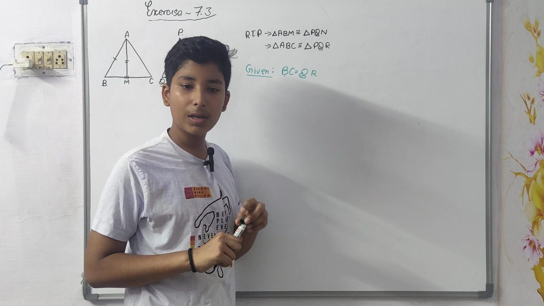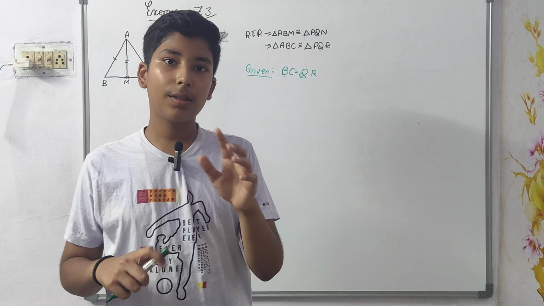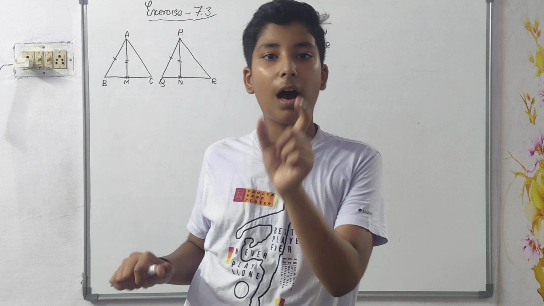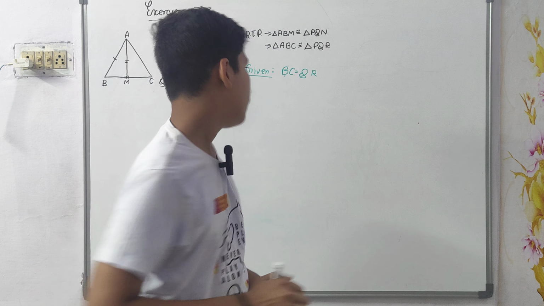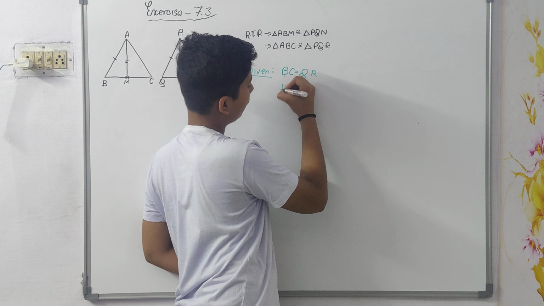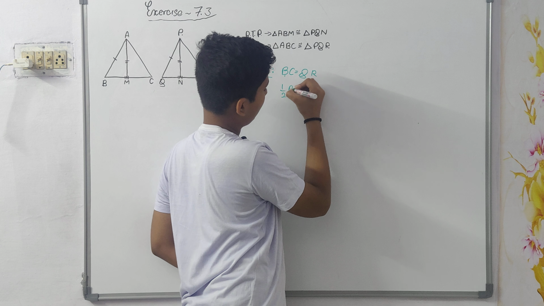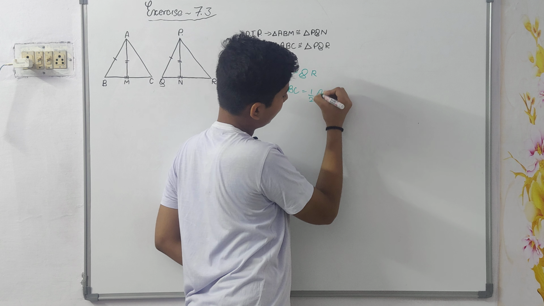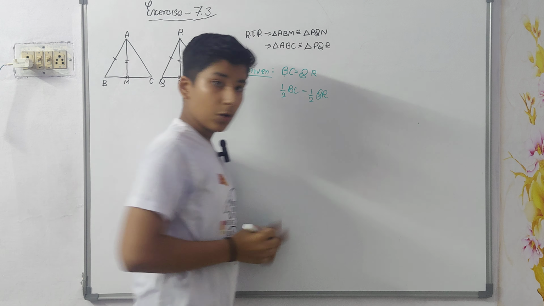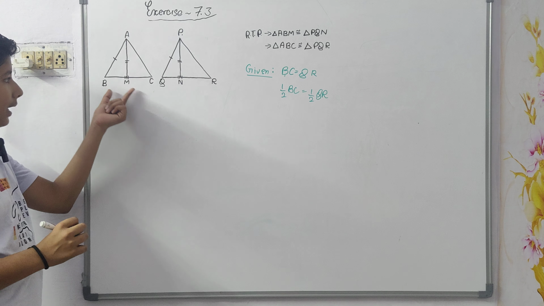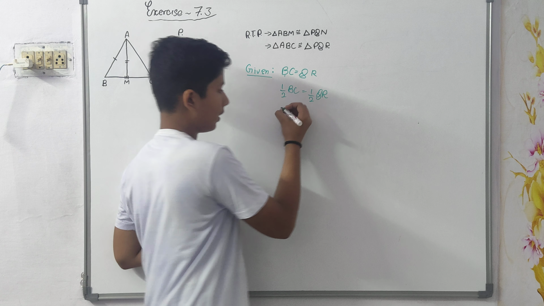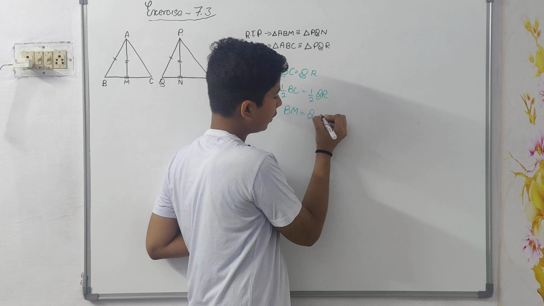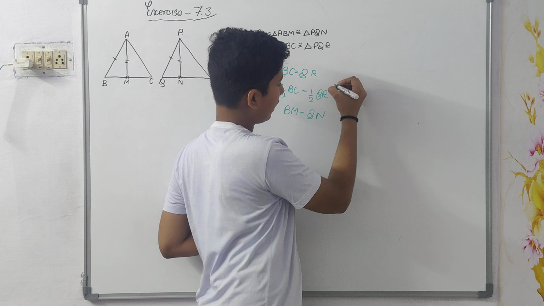As per Euclid's postulates, the halves of equals are equal. So half of BC equals half of QR. So half of BC is BM and half of QR is QN. BM equals QN.